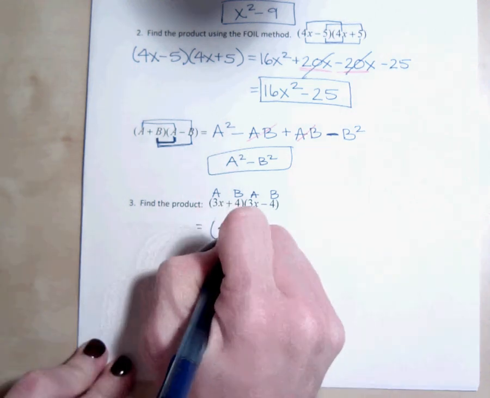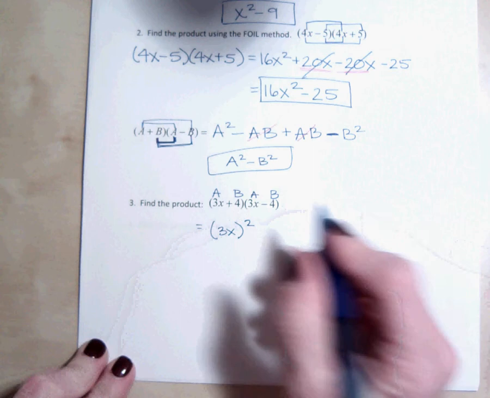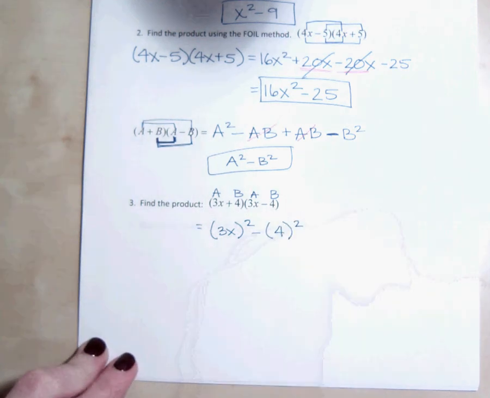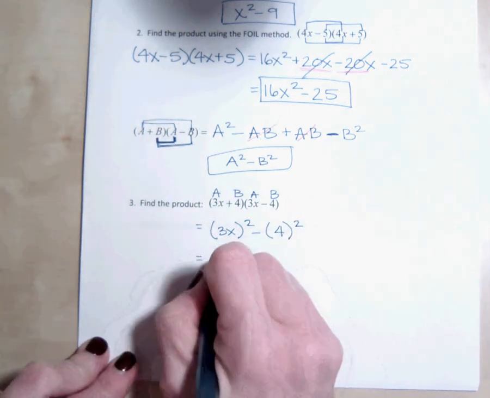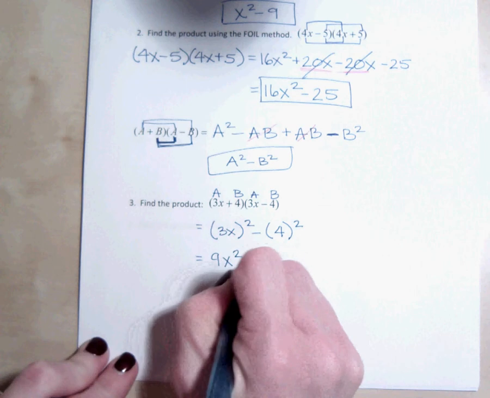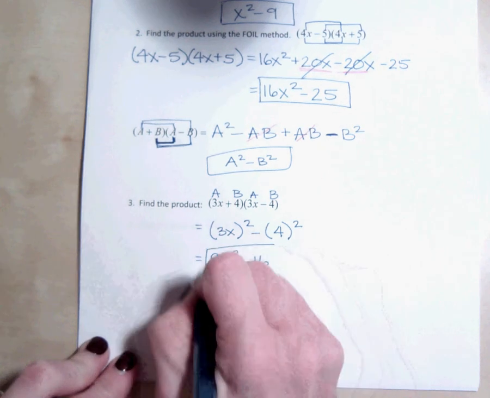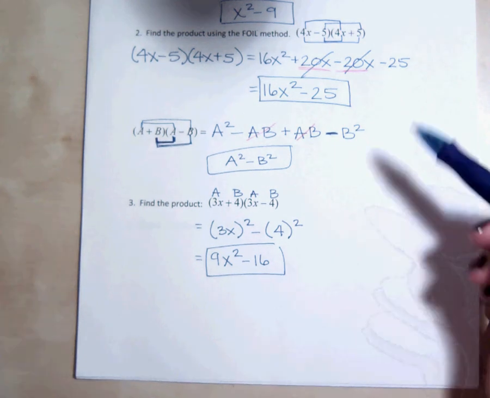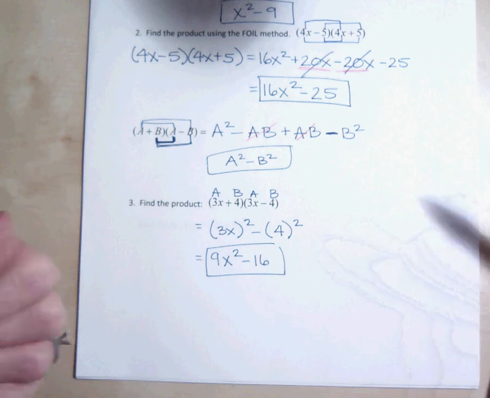So our a is 3x. So a squared minus b squared, which is going to be minus 4 squared. So our answer here is going to be 9x squared minus 16. Now, of course, if you're still more comfortable doing FOIL and writing out all four terms, you can do that. It's just that eventually this will be a time saver for you if you notice the pattern.